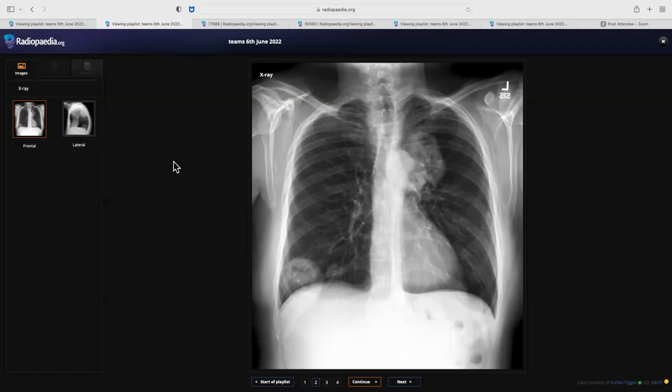Okay, there is another opacity seen at the left upper lung zone, and this one is slightly projected over the mediastinum. However, I can see clearly the aortic knuckle, and I can appreciate also the hilar vessels and the left upper lobar vessels.